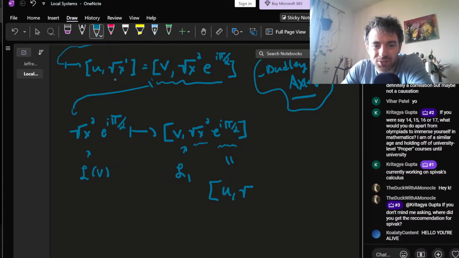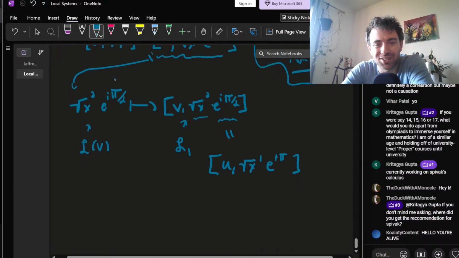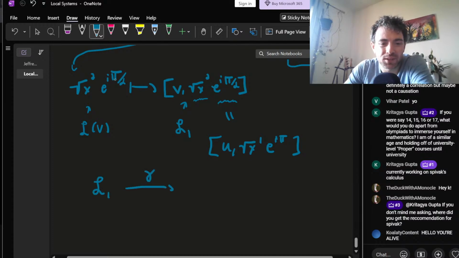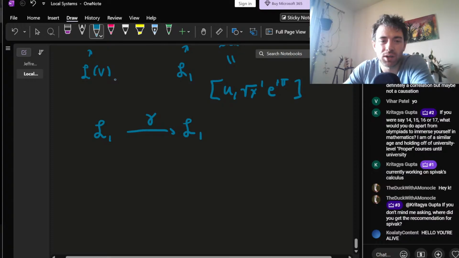That's what it is. So that becomes e to the i pi, which is minus 1, which is exactly what I wanted. Yes. Okay, great. So we took our loop gamma, and from it we obtained a map from L_1 to L_1.